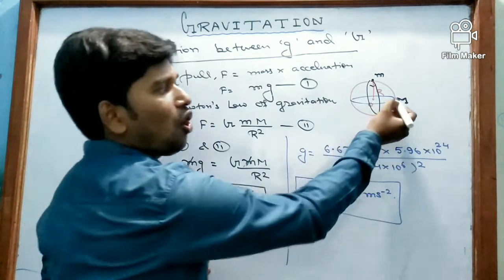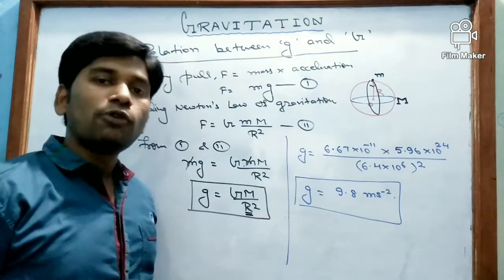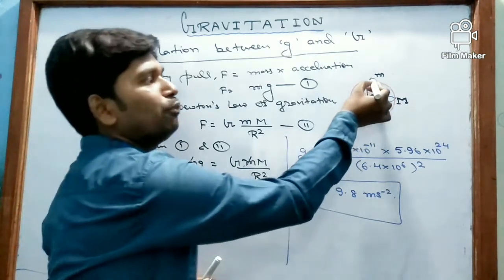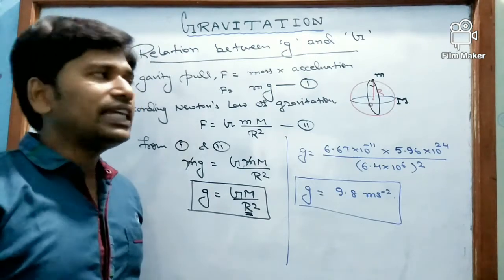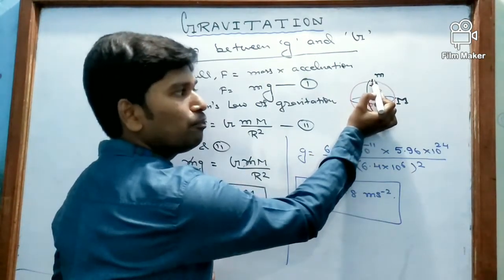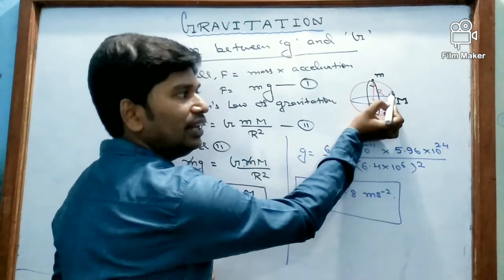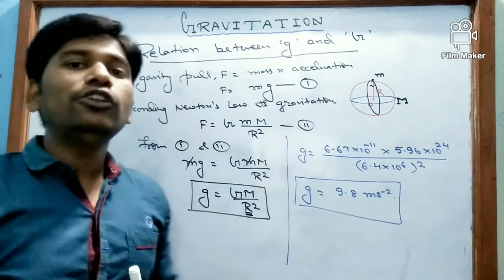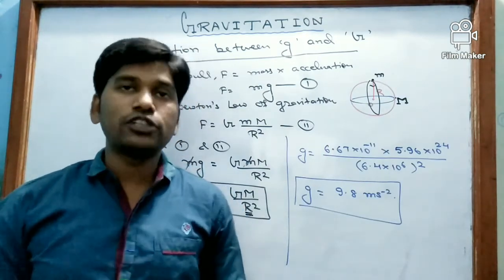So we can say on the equator the value of g will be smaller, and at the pole the value of g will be maximum. Also we can say, if we travel from pole to equator, the value of g will decrease. So the value of g varies from place to place on the surface of Earth.